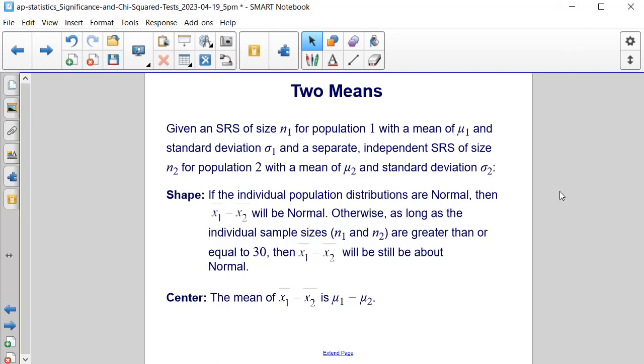For the center of this distribution, the mean of x sub 1 minus x sub 2 is mu sub 1 minus mu sub 2.